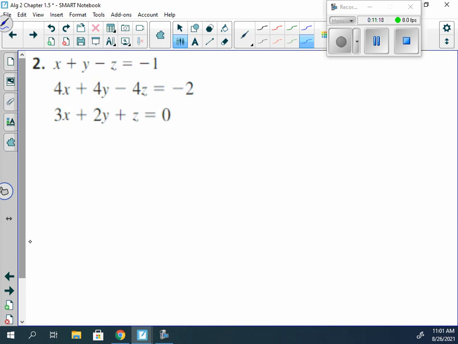Because if I use that for any of them, I'm going to have to not only increase it, most likely, but increase the other two. Because to get 4X and 3X to be the same, the first number that works out is 12. So I'm going to multiply both equations to get X to be the same, because I need those to be the same number in front of them so that they cancel out. So it's going to cause more work.